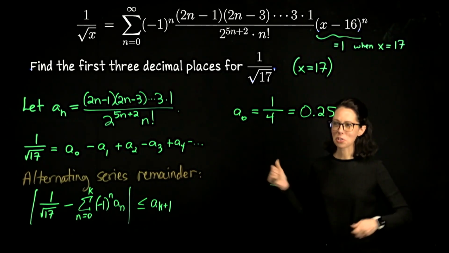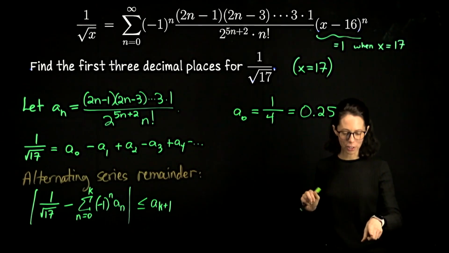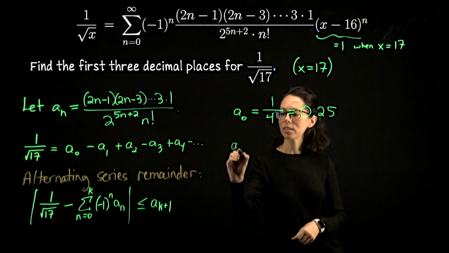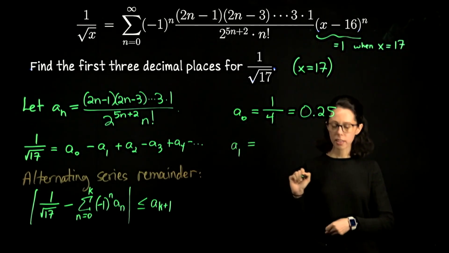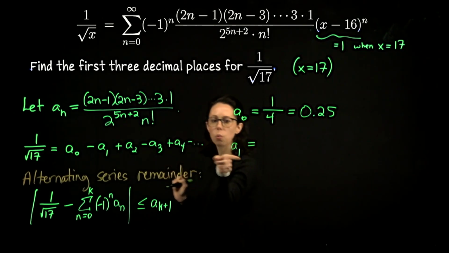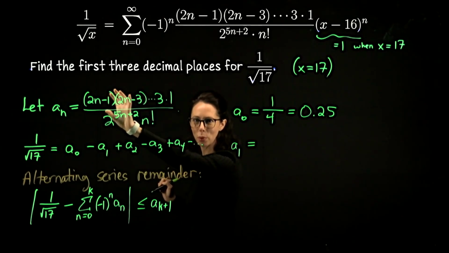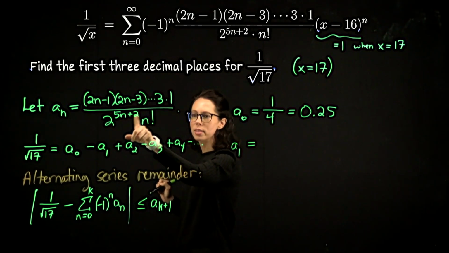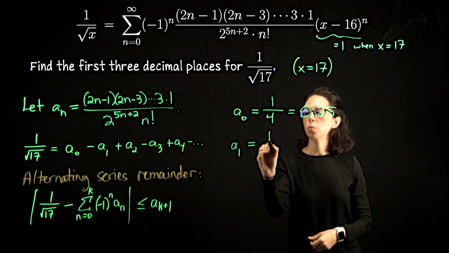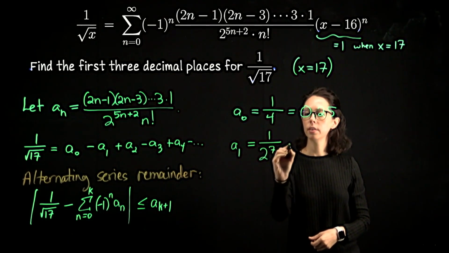I just went and got my notes for a1 and a2 because I worked them out earlier. Assuming that I did this correctly earlier, a sub 1, when you plug 1 in for the index, you get 2 times 1 minus 1, which is 1. So this is the odd product through the number 1, so just 1, divided by 2 to the 7th times 1 factorial. So overall, that's 1 over 2 to the 7th.